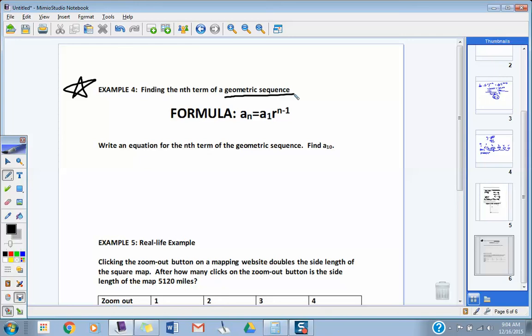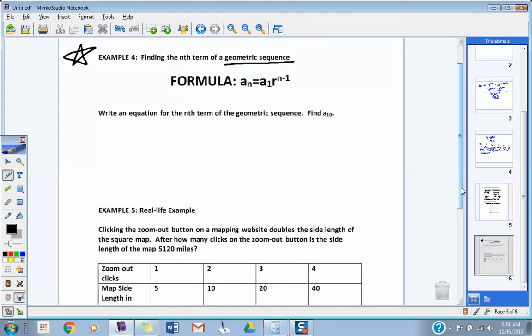Okay? And it says write an equation for the nth term of the geometric sequence. And I'm going to just make up a sequence here that's geometric for us. Here's your sequence.